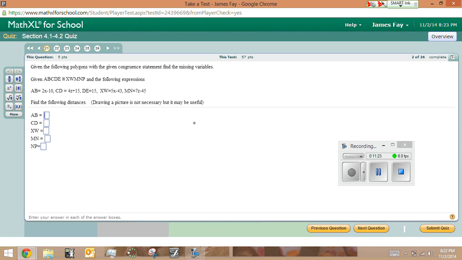Okay, so I'm going to have 5 vertices: A, B, C, D, and E. However you want to draw it, it doesn't matter as long as there's 5 vertices, so there's 5 segments. Okay, and they tell me that AB is 2x minus 10, CD is 4z plus 15, and DE is 15.